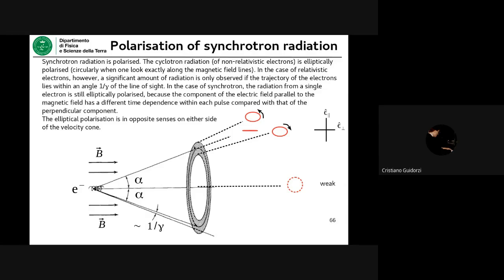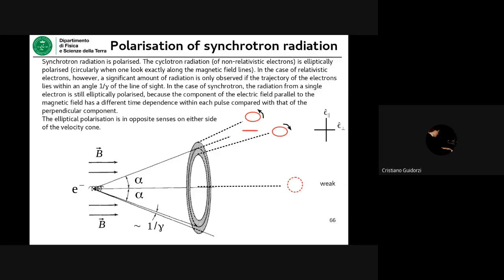While if the line of sight lies slightly outward with respect to the velocity cone, you will still see an elliptical polarization, again with the perpendicular direction stronger than the parallel one, but with the opposite sense of polarization. Okay, so this is important to note, and one can see in more detail why all this happens.